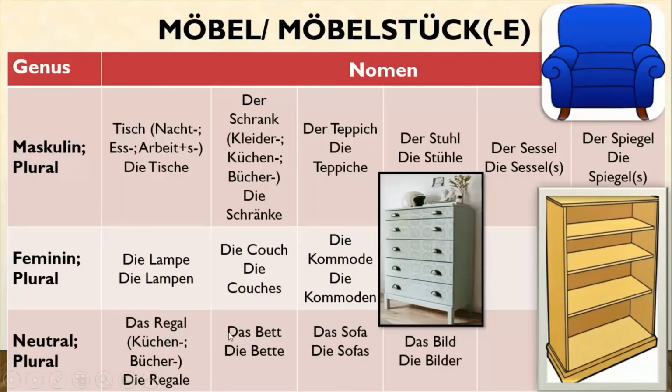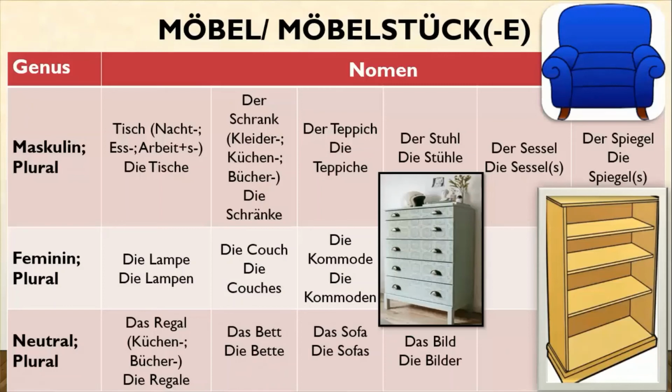So shelves in the kitchen attached to the wall, and open shelves where you can put some of your plates and cups, etc. Bücherregal will look something like this in this picture, where you put books. Plural of this is die Regale. So Küchenregale, Bücherregale.